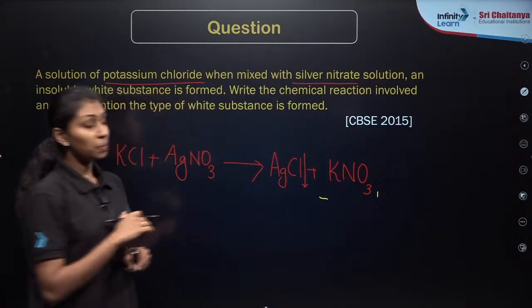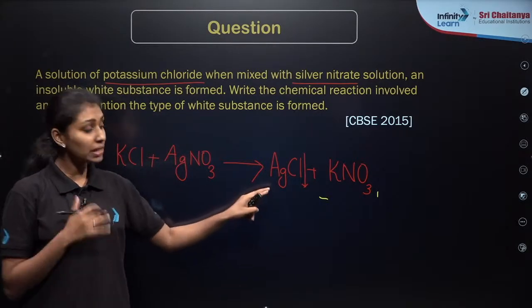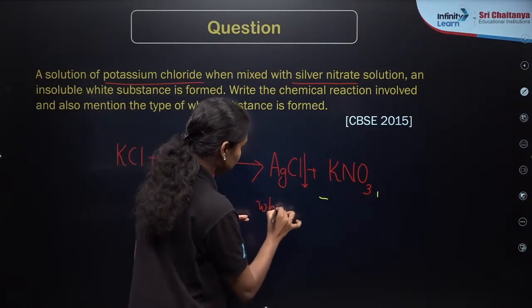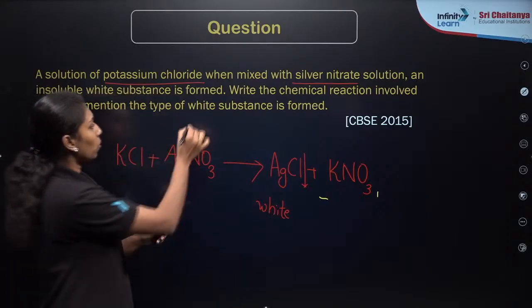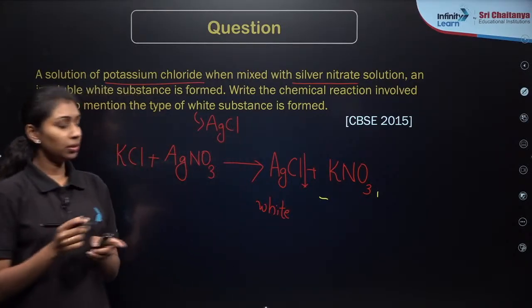So this will be known as the precipitation reaction, right? Whenever potassium chloride is treated with silver nitrate, it will be precipitated as AgCl, the white colored precipitate. So this reaction is known as the precipitation reaction. So the answer will be silver chloride, right? Is that clear?